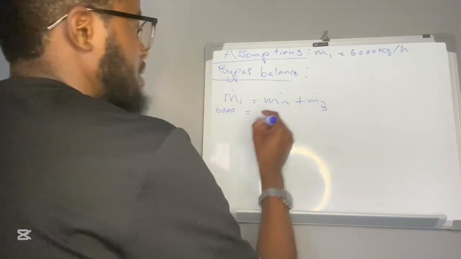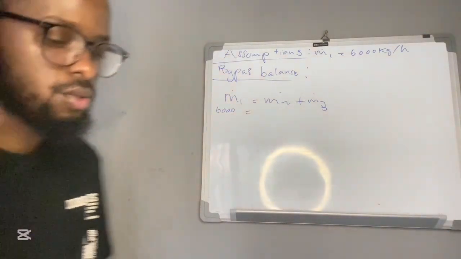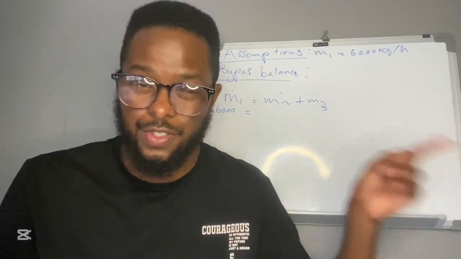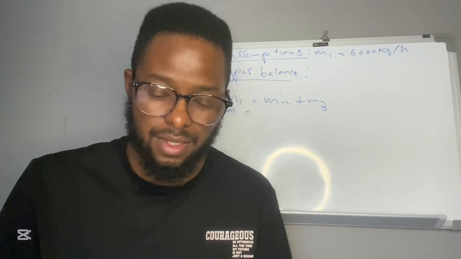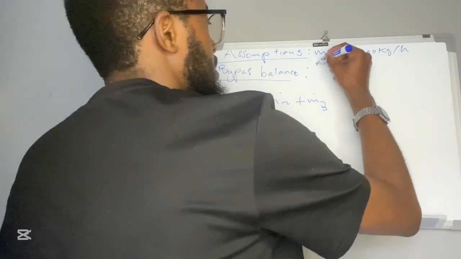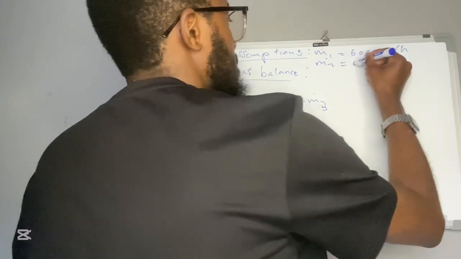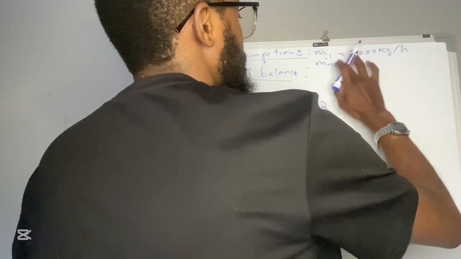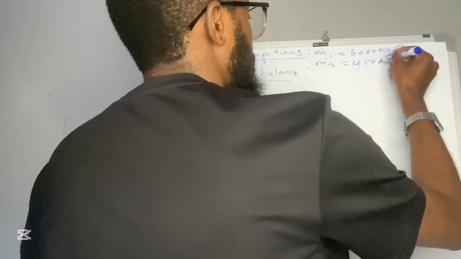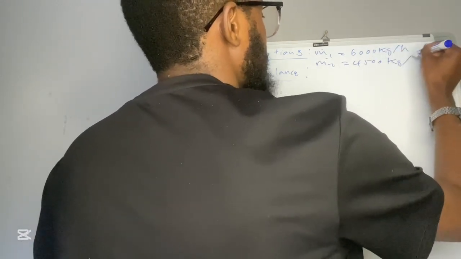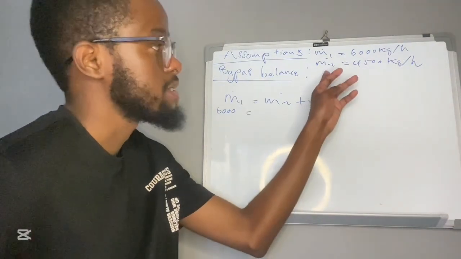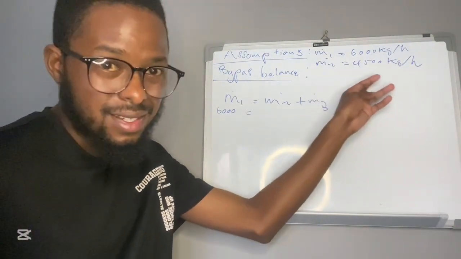M2, I was told that the maximum capacity that enters the treatment unit cannot exceed 4,500. So what does that mean? We assume that M2 is equal to 4,500 kilograms per hour. We assume that M2 cannot exceed this number.